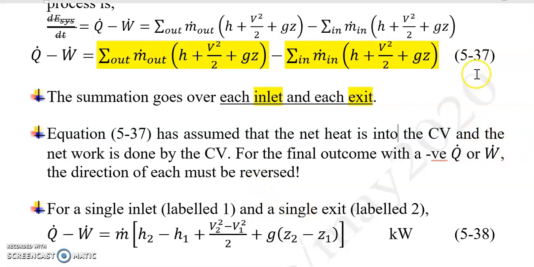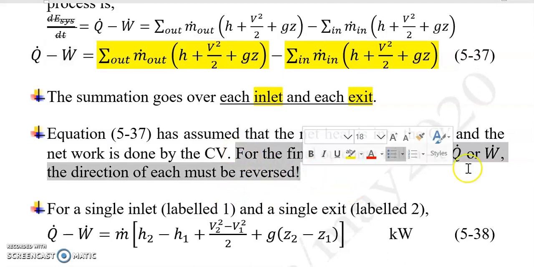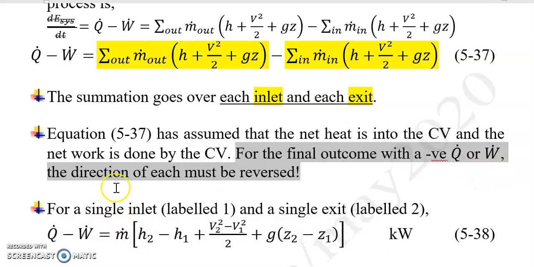Now, equation 537 has assumed that the net heat is into the control volume, because it's a positive quantity, and the net work is done by the control volume, negative, done by the control volume. So, for the final outcome with the negative Q or positive W, the direction of each must be reversed.